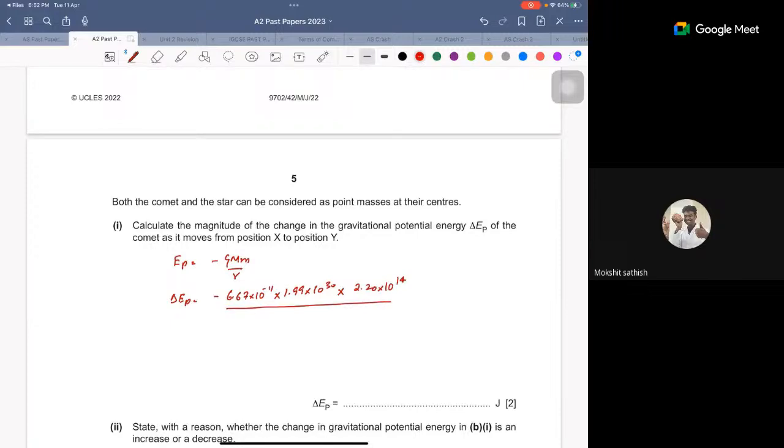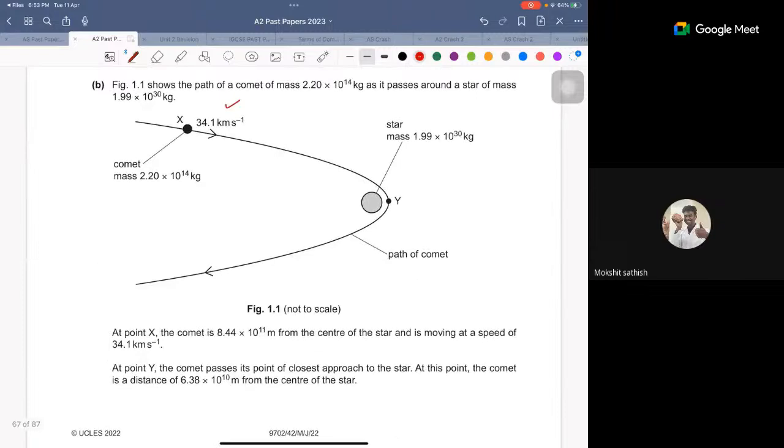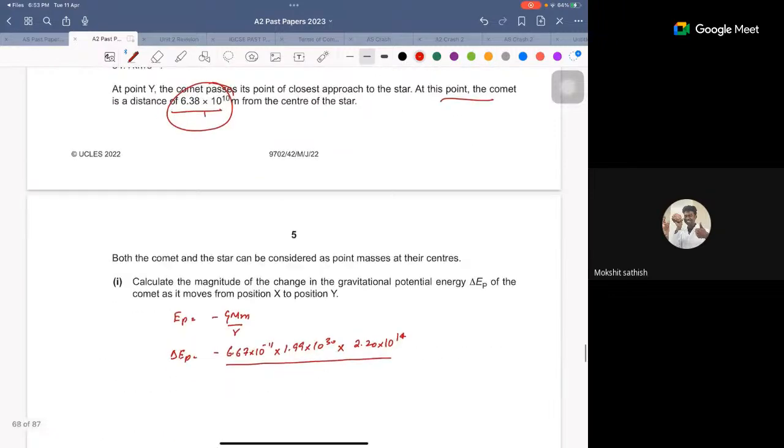And we're going to find the change in distance, right? So the smaller distances: at point X the distance is this, and at this point the comet distance is this. So we're going to use this first. 6.38 times 10 raised to power 10, minus, and then minus.